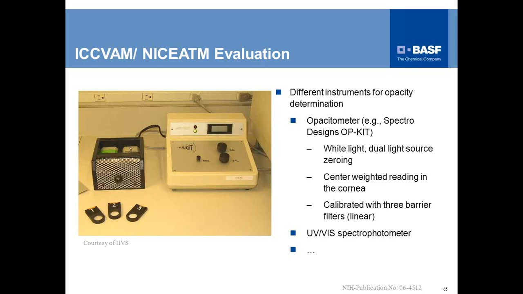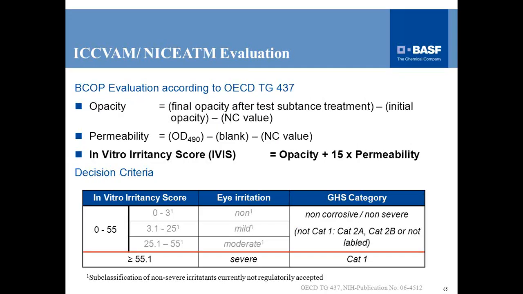Generally, it's a center-weighted reading of the cornea. And it's calibrated using three filters, so in a linear range. So these are the details of just one available opacitometer. In the literature, different devices have been used, including a UV spectrophotometer, as well as laser-based opacitometers.